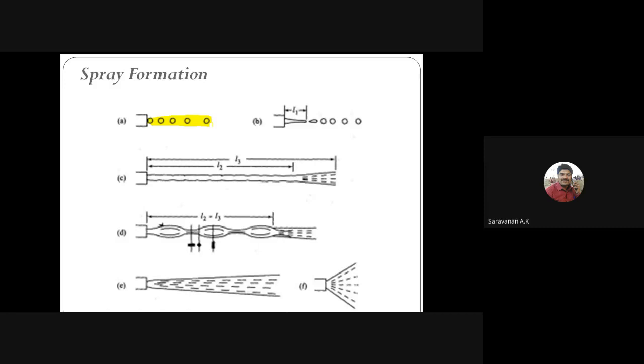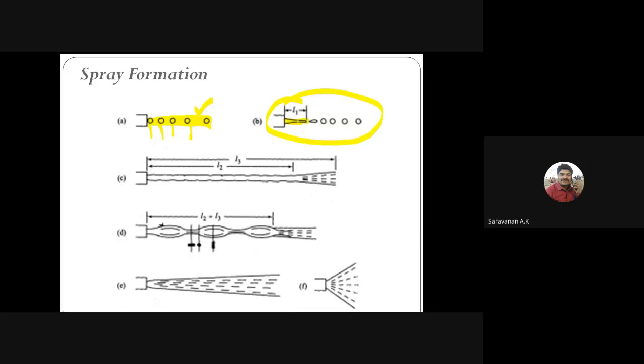Initially, due to the low pressure difference, the fuel will be in single droplets. If the pressure difference increases, a stream will be produced. If the pressure increases, this type of stream is obtained, as in the second diagram.